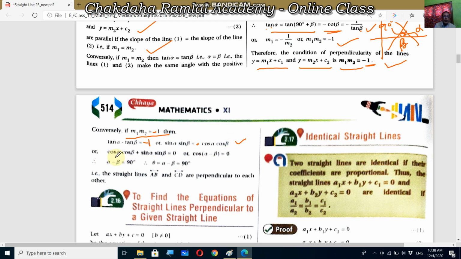That implies cos alpha cos beta plus sin alpha sin beta is equal to 0, or cos of alpha minus beta is equal to 0. That is, alpha minus beta is equal to 90 degrees, so theta is equal to alpha minus beta is equal to 90 degrees. Therefore, the straight lines AB and CD are perpendicular to each other.